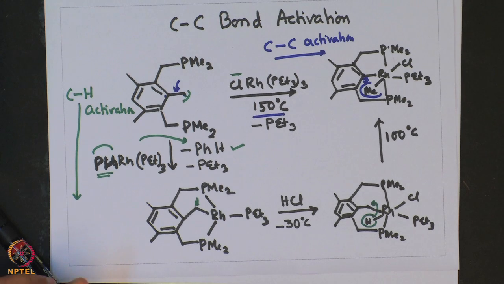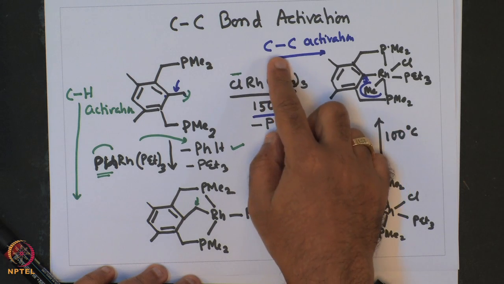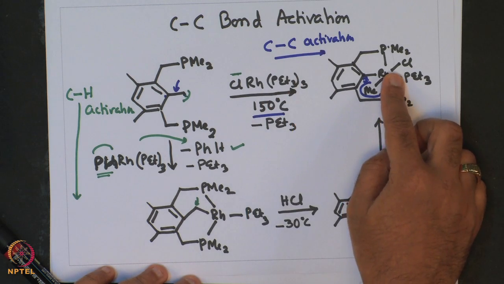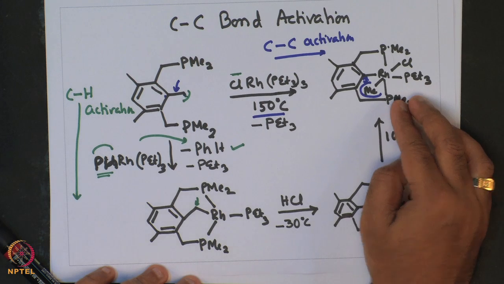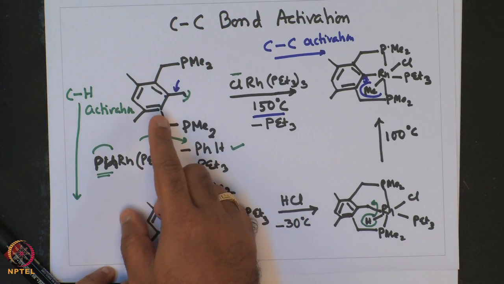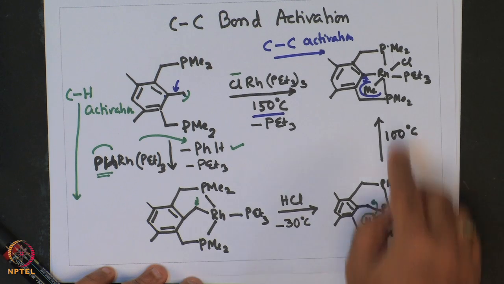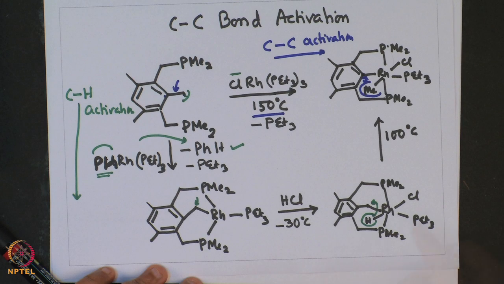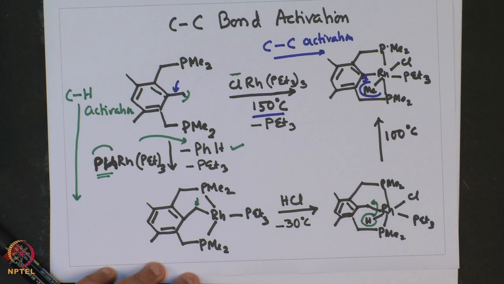So, this is a very nice demonstration of how the same product which is obtained by C-C activation under very high temperature can also be competitively obtained by the more favorable C-H activation followed by oxidative addition, and heating the oxidative addition product finally would give this C-C activation product.